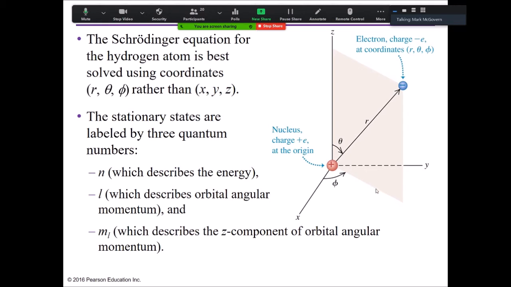r is a distance from the center. Theta is an angle made with respect to the z-axis, and phi is an angle made with respect to the x-axis. And so these 3 coordinates, r, theta, and phi, do represent a unique set of coordinates that are independent from each other and can be mapped to x, y, and z.